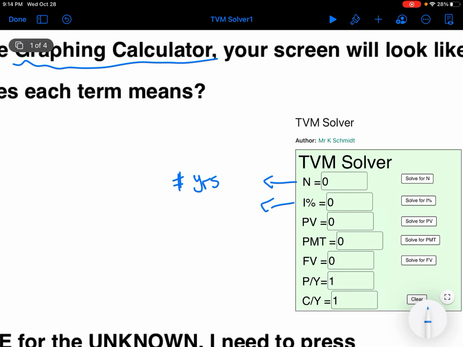I is going to be our interest rate, and it's going to be the rate as a percent. We actually don't have to change it. The calculator will do all of the work for us. PV is present value. So what is it worth right now?